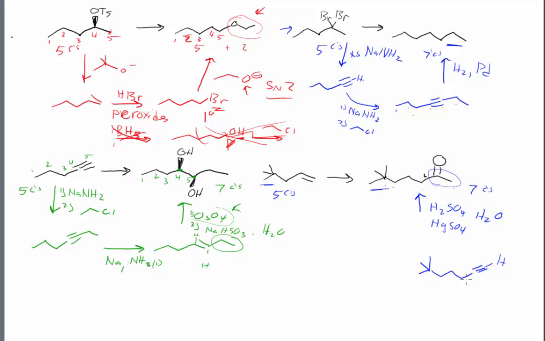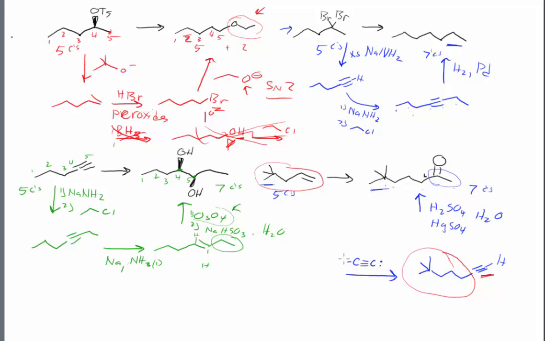Once I've established that, if I look at this 5 carbon piece right here, that's probably this 5 carbon piece right here. Actually it's a 7 carbon piece, but you get the idea. It's a 5 carbon chain, and thus I have a 2 carbon alkyne that I need to add. So maybe I need to add that alkyne as the nucleophile, like we saw in class.